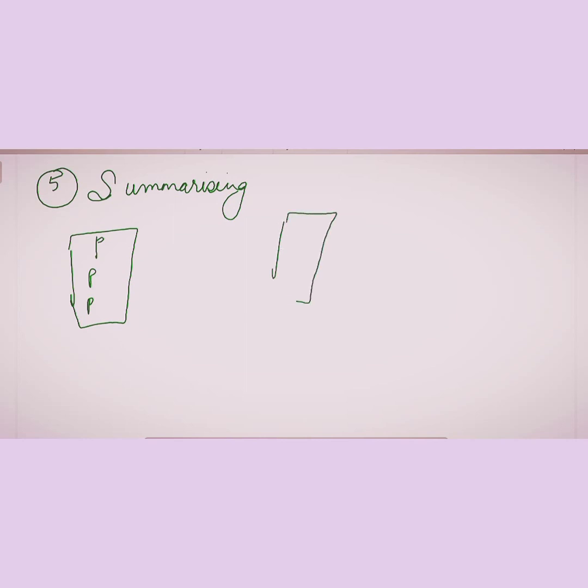Now, number 5, summarizing. We have seen in the previous step that we have classified all the purchases in one batch, all the sales in another batch. So what we do in summarizing is we just sum up all the same items and write the gross total of all these items.